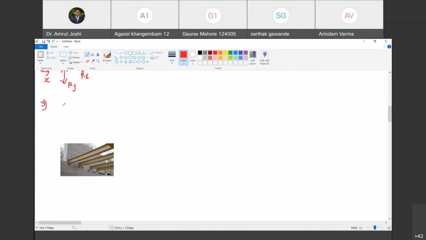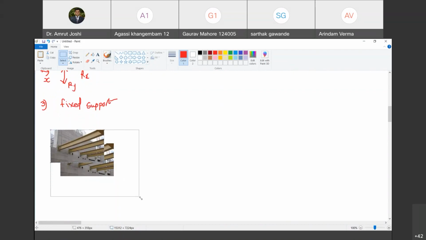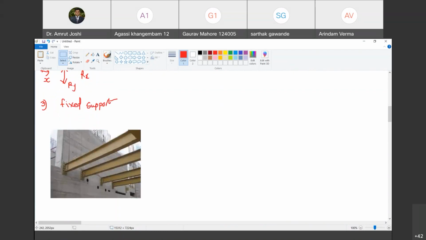Are you able to see this connection of this steel beam with the wall? So this connection is a typical example of fixed support.